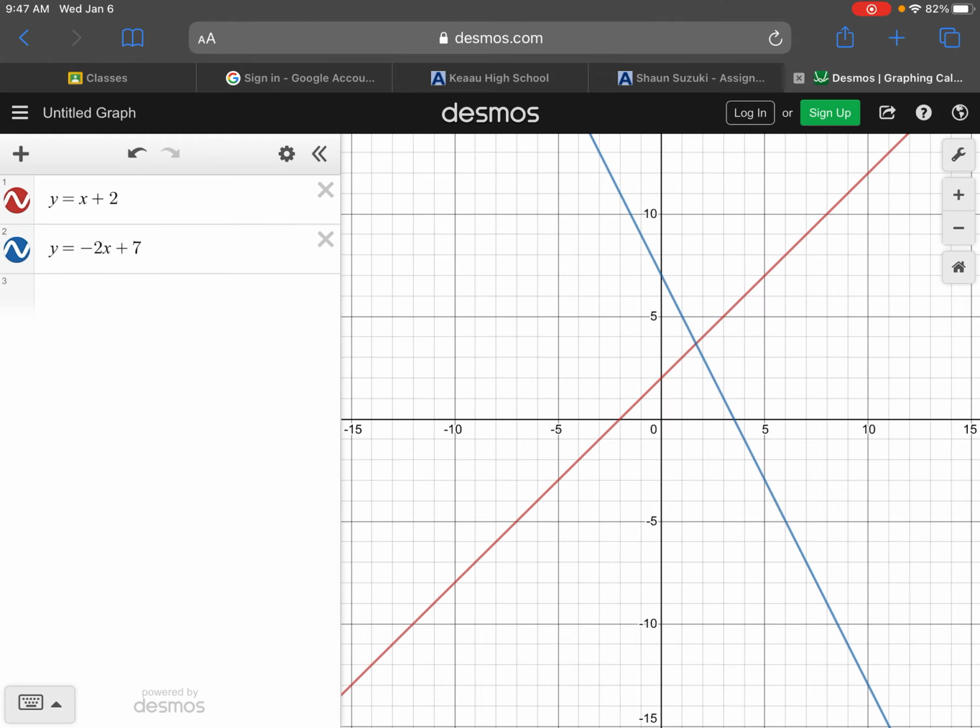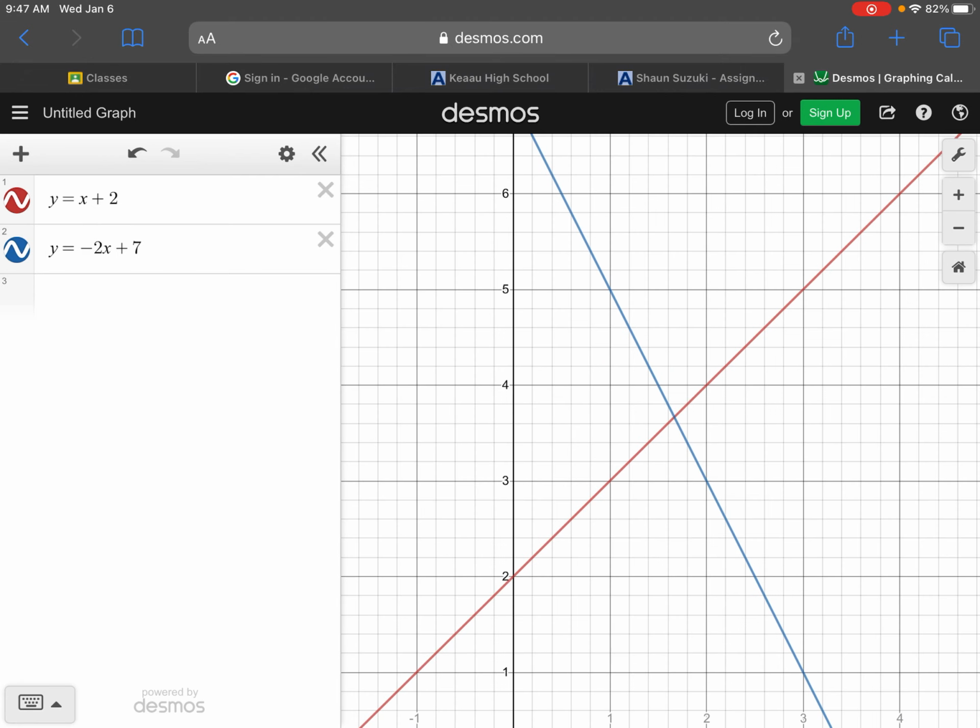So you can find them on Desmos the same way you do them in your Alex graphing calculator, and we find that it's at 1.667, 3.667.